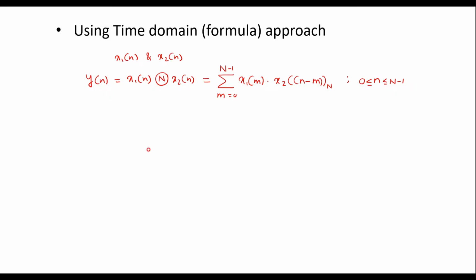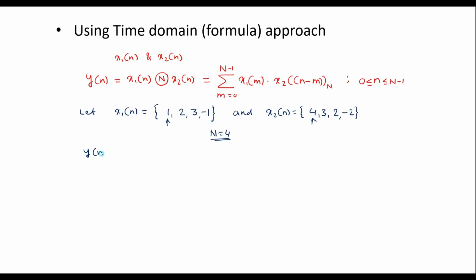Directly, we'll take one example to perform circular convolution between two discrete sequences. Okay, let minus 2, this is the first value x1 of 0, this is the first value x2 of 0. N is equal to 4, that is, in both the sequences there are 4 values.